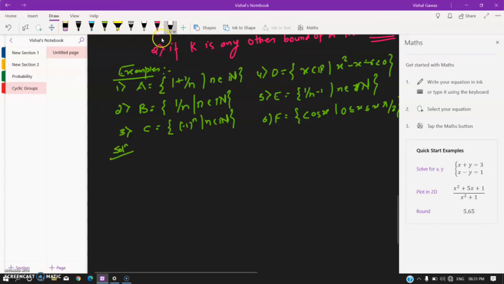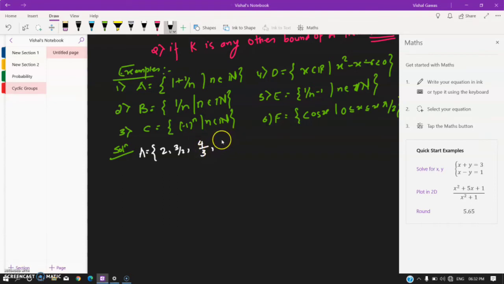Okay. So if I look at the first set, if I write this explicitly, then I would start with 2, right? Then 1 plus half, that is 3 by 2. Then 1 plus 1 by 3, that would be 4 by 3, right?